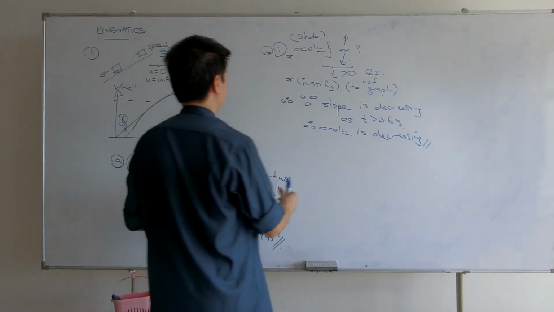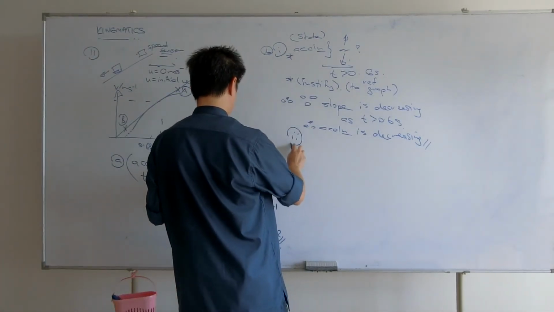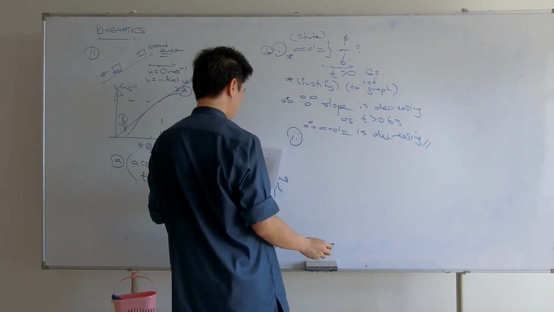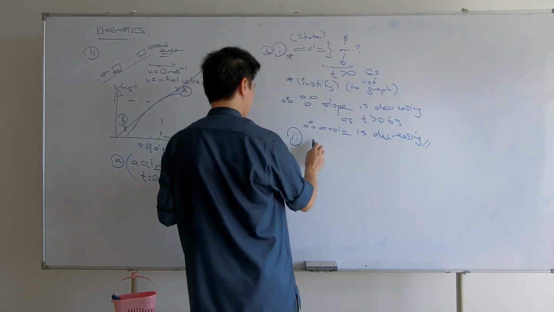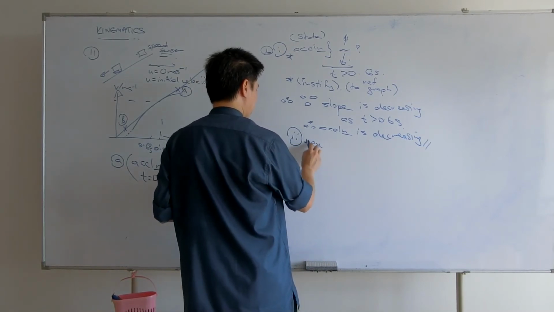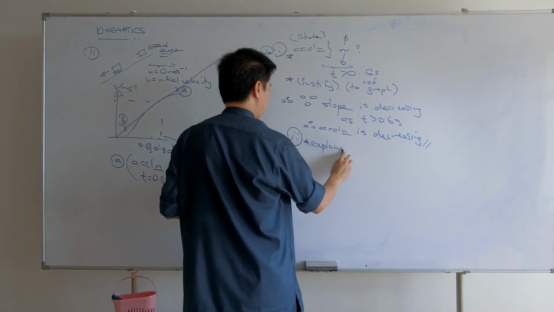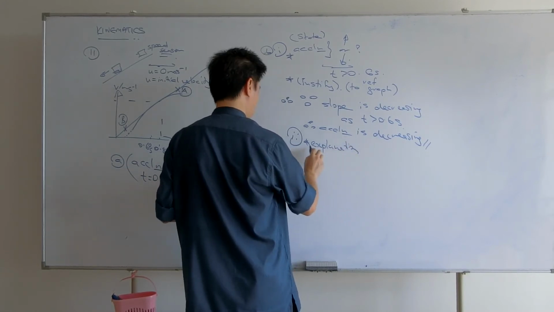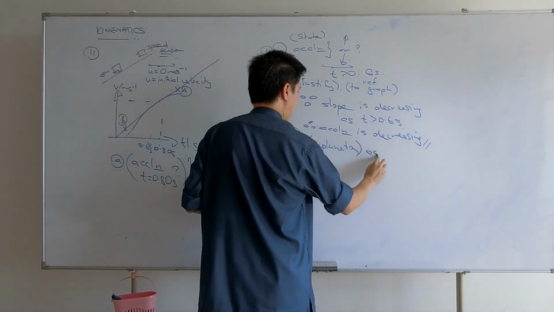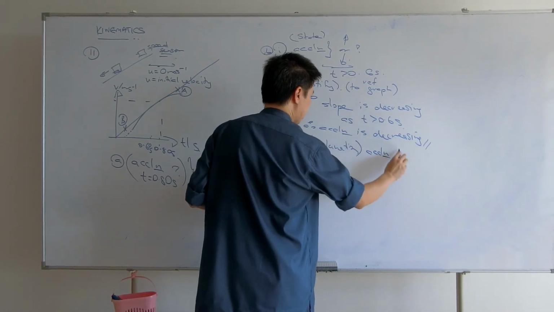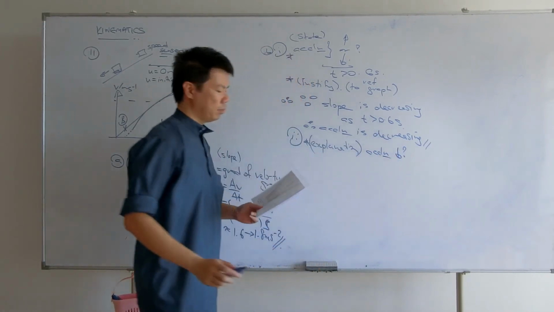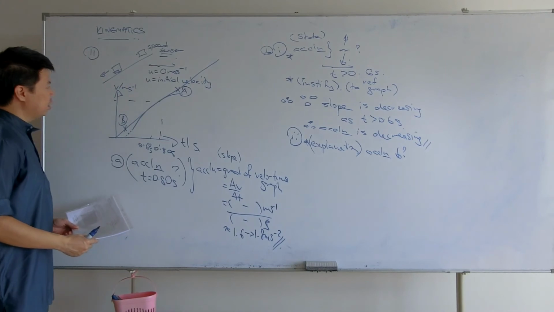So next, suggest an explanation for this change in acceleration. They're asking for an explanation. Why does your acceleration in this case decrease? Remember again, what is the experiment?